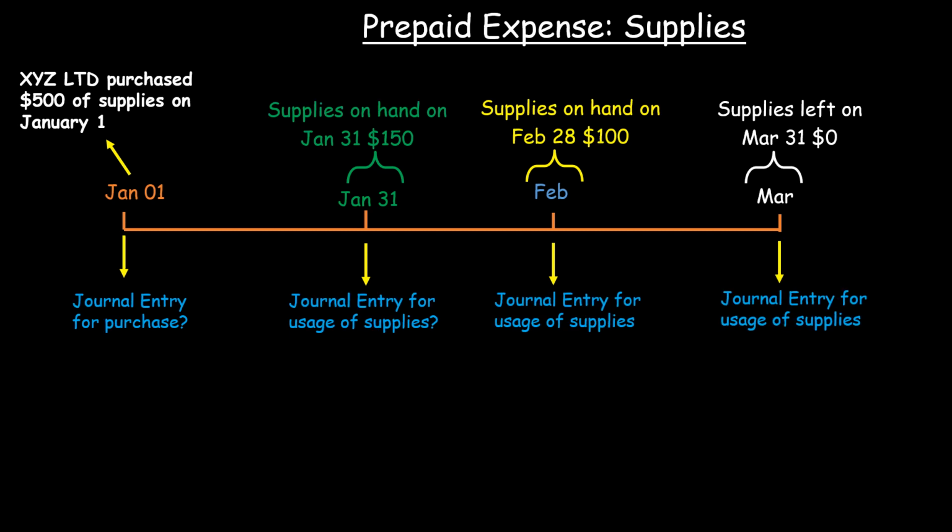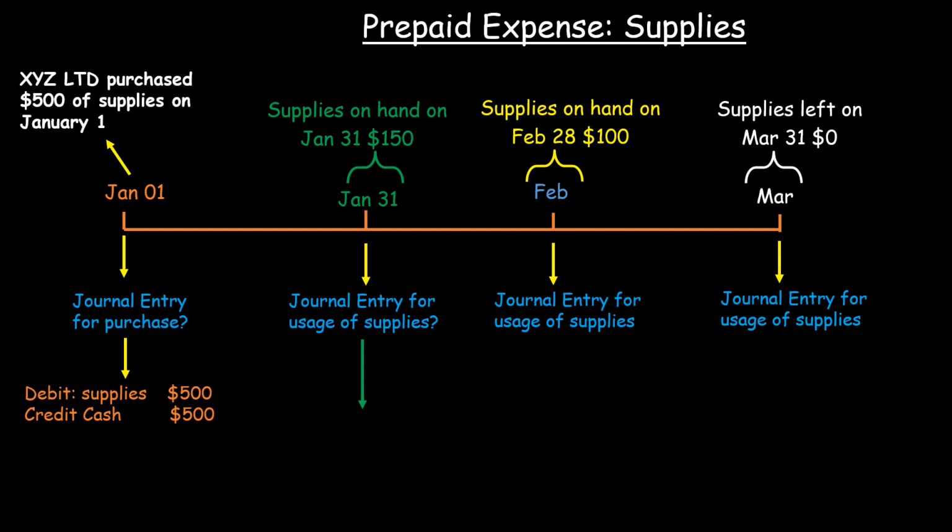So at the time of purchase, since business paid for it, it will credit cash. And what is it that they paid for? Well, they paid for supplies. They are going to debit supplies $500. Now, at the end of January, you can see $150 of supplies are on hand or remaining, which means they have used $350 worth of supplies.